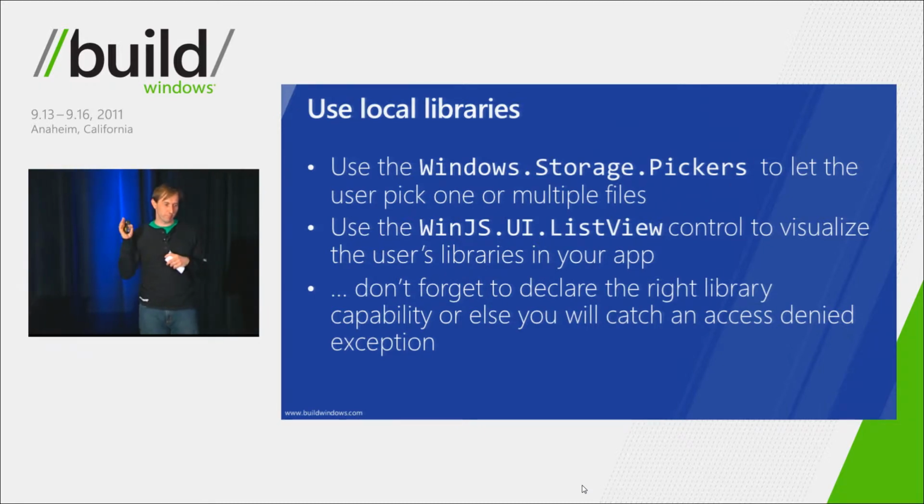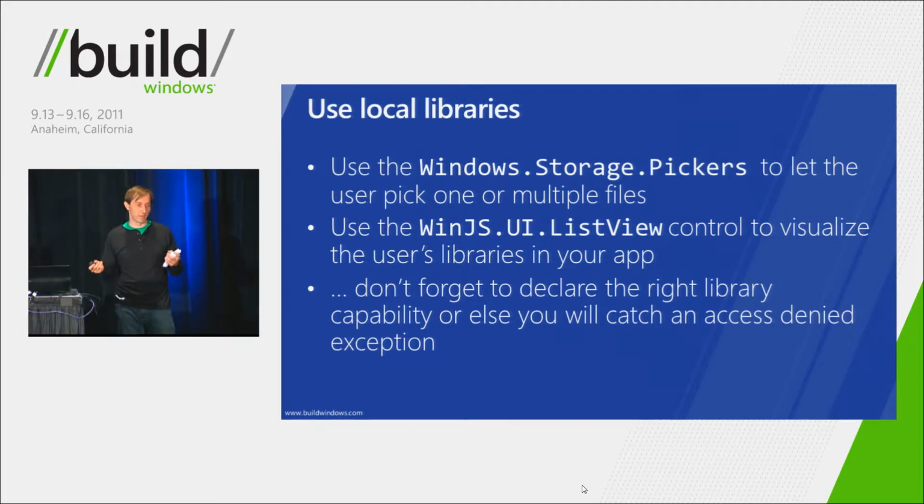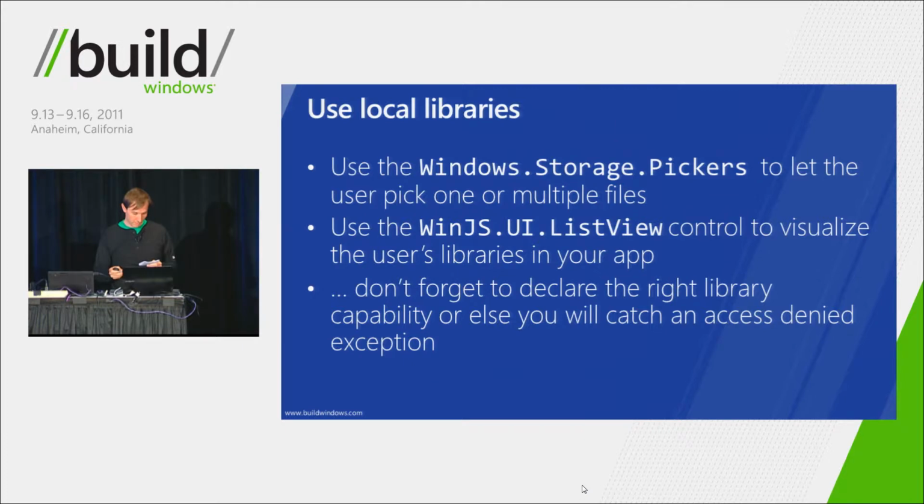If you actually want to access and visualize the libraries, the list view control gives you a lot of functionality, and it's already very close to where you want to be in terms of Metro style UI with only minimal work to do. As with everything where you're actually accessing the file system itself, make sure you declare the right library capabilities, or else you get an access denied exception, and you'll find out soon.